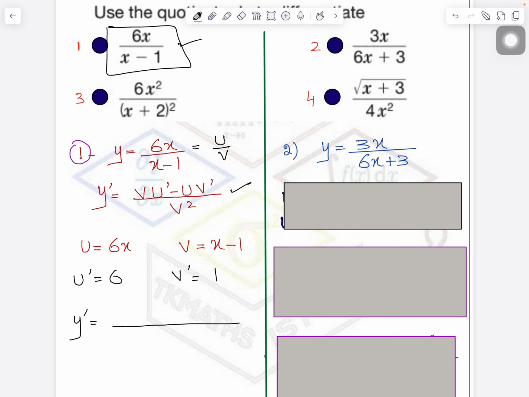So let's substitute here. The denominator is x minus 1 squared. v is x minus 1. I'm just substituting here. The derivative of u is 6. Then it is minus, then u, and the derivative of v is 1.